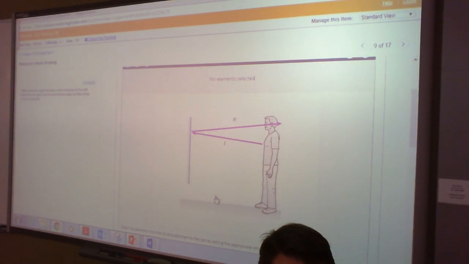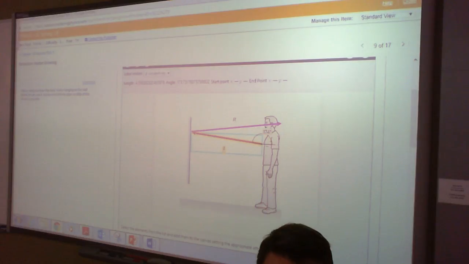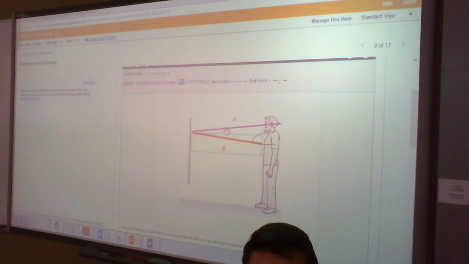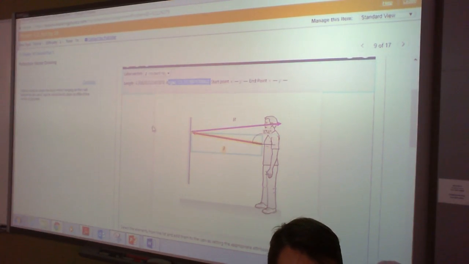Okay, it took it on the first try there, but maybe because I practiced this a few times. Normally it's not as nice. This angle is 173.7, and this angle is 6.2, meaning 6.2 above and 173.7 meaning 6.3 below.